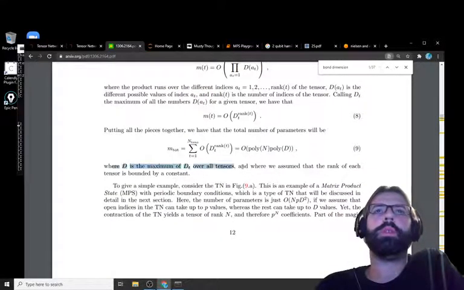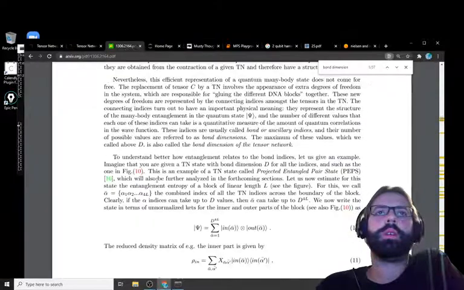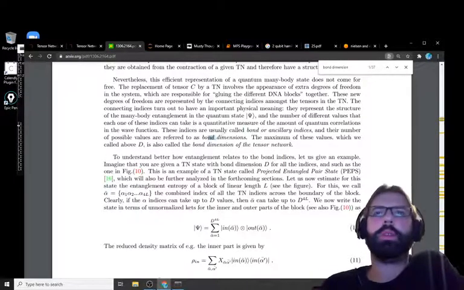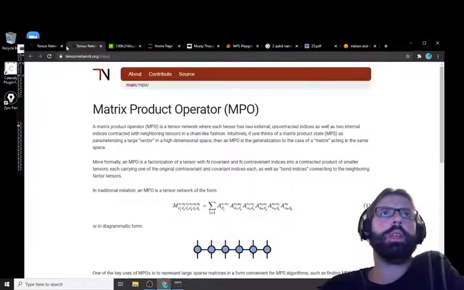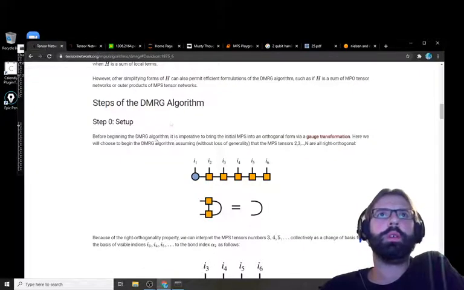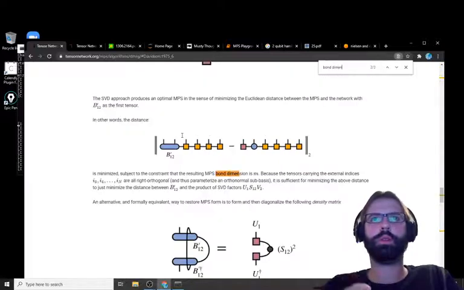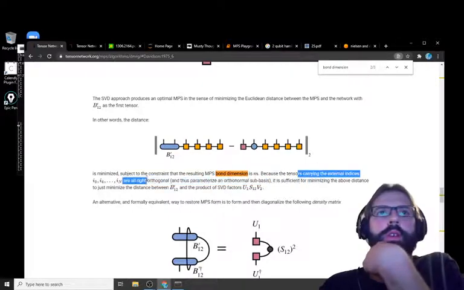With this maximum D over all tensors, we assume that the rank of each tensor is bounded by a constant. D is the bond dimension. And I think here they assumed that the tensors carrying the external indices are all right orthogonal.